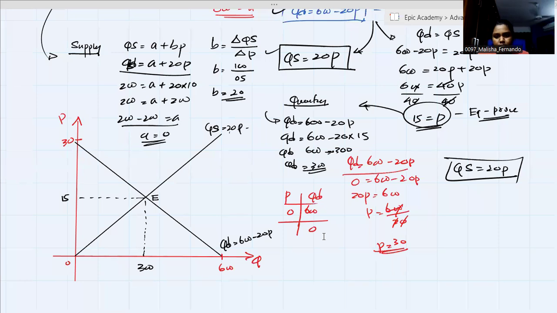This is the values, and this is the equilibrium position.